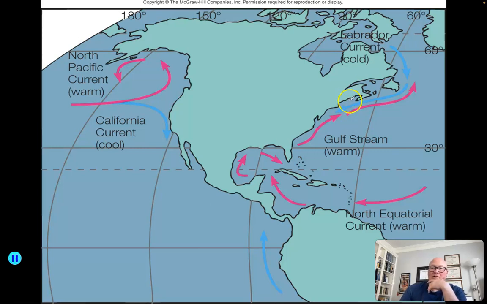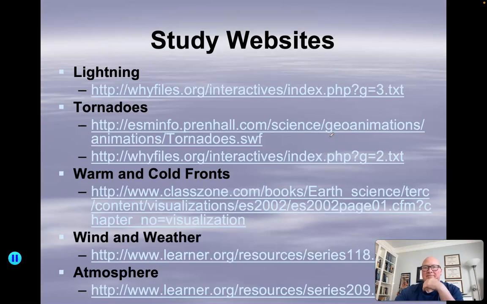If it weren't for the Gulf Stream here carrying this warmer water up towards England, England would be pretty much cold all the time. So these things will definitely influence the climate of a particular area.